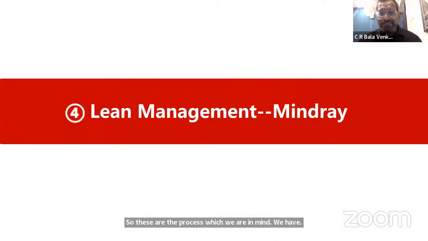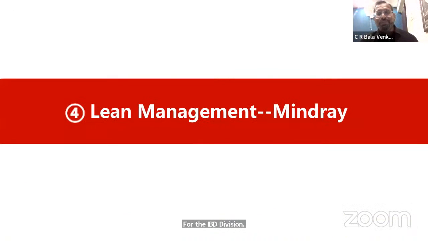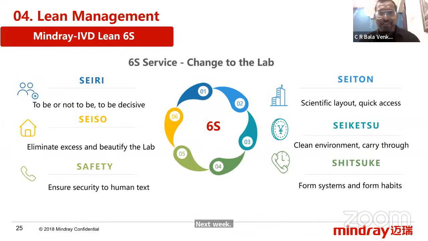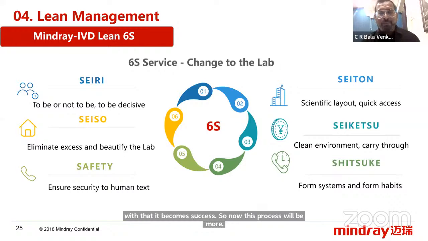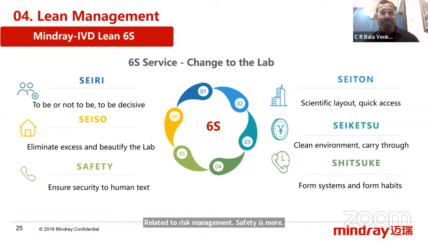Next, please. So lean management, we all know. We all know the 5S, and now they have included one more thing, safety. With that it becomes 6S. So now this process will be more related to risk management, with safety more monitored, and process related, quality related.